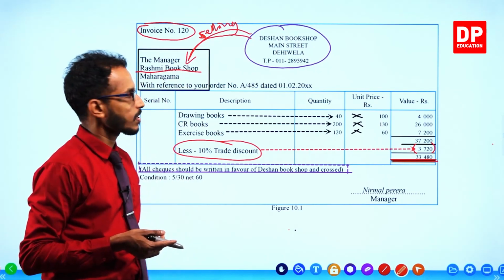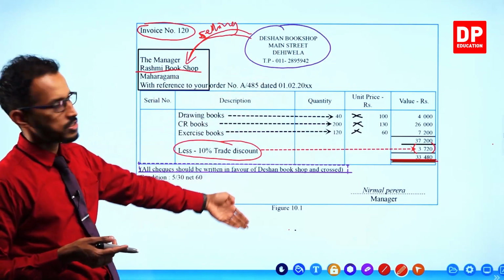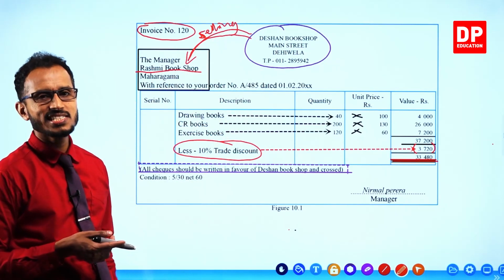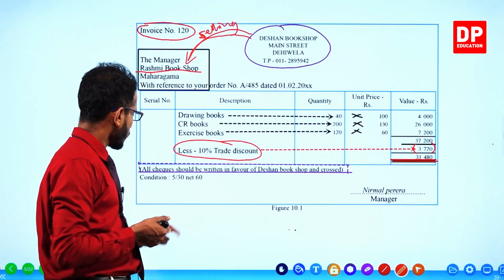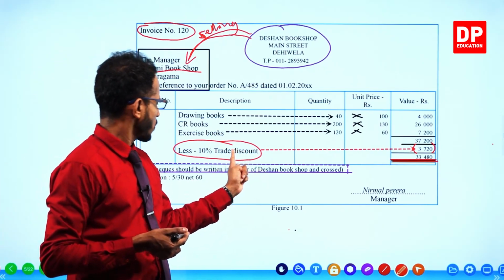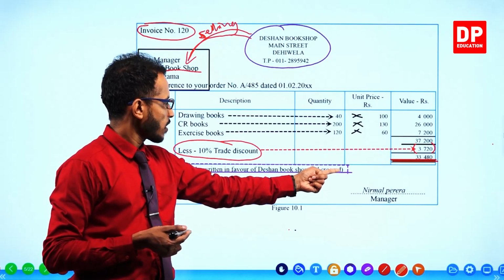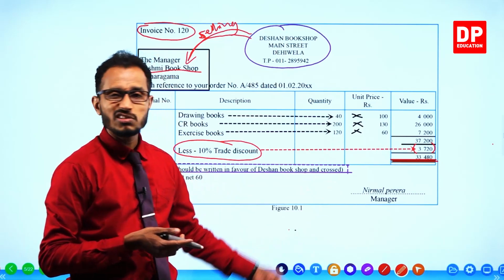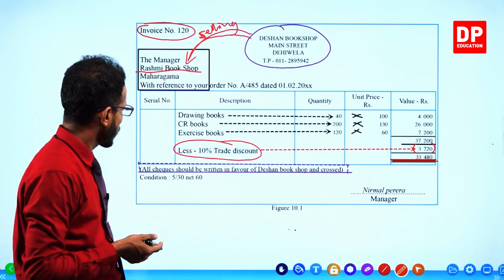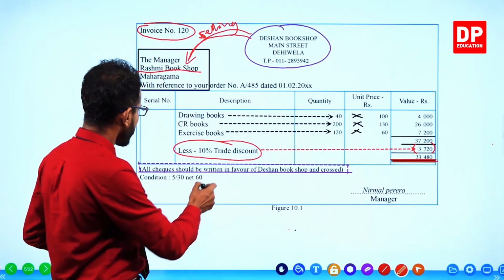So for Rashmi, this is a purchase invoice, and they should pay to Deshan Bookshop. If they are paying by check, they should pay with crossed checks. That's what it says.